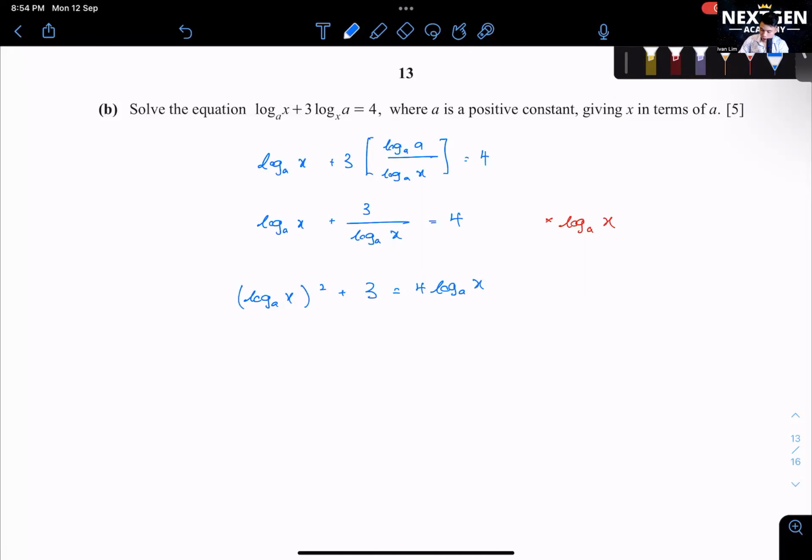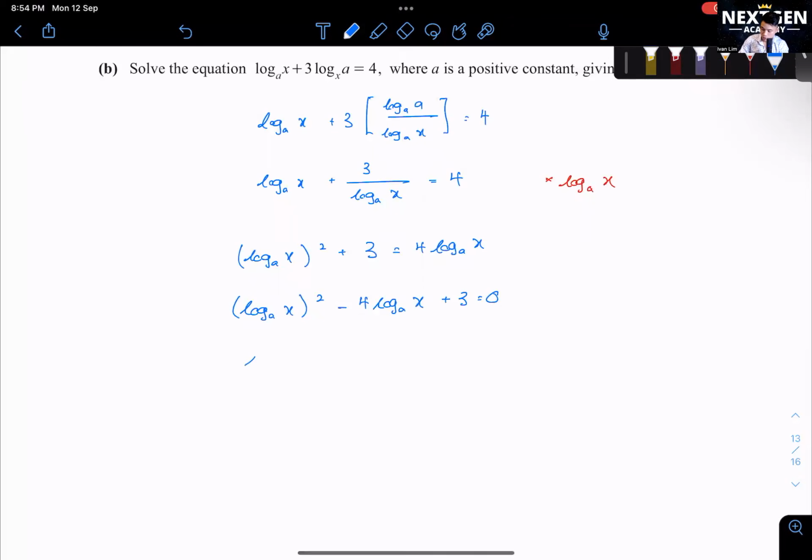Then after that, we rearrange it. (log_a x) squared minus 4 log_a x plus 3 equals 0. You can let whatever alphabet. Let m equal log_a x. Therefore, I can look at it as a quadratic equation. m squared minus 4m plus 3 equals 0, which you'll get (m minus 3)(m minus 1) equals 0.